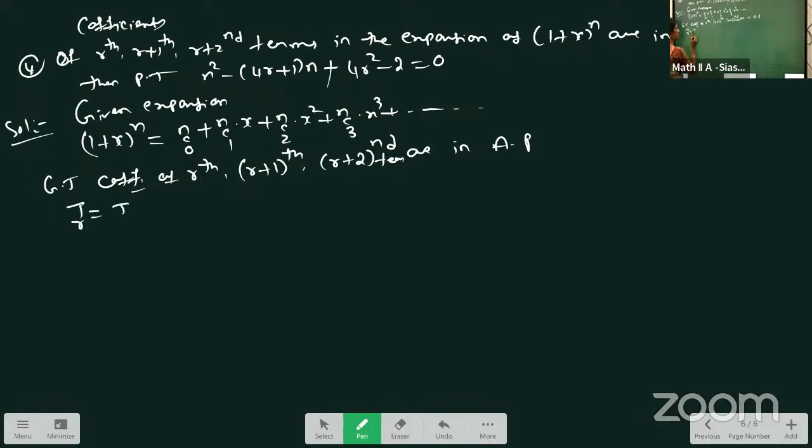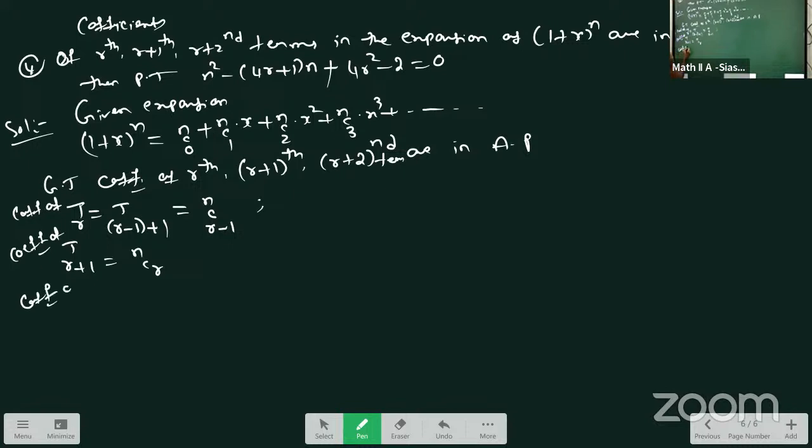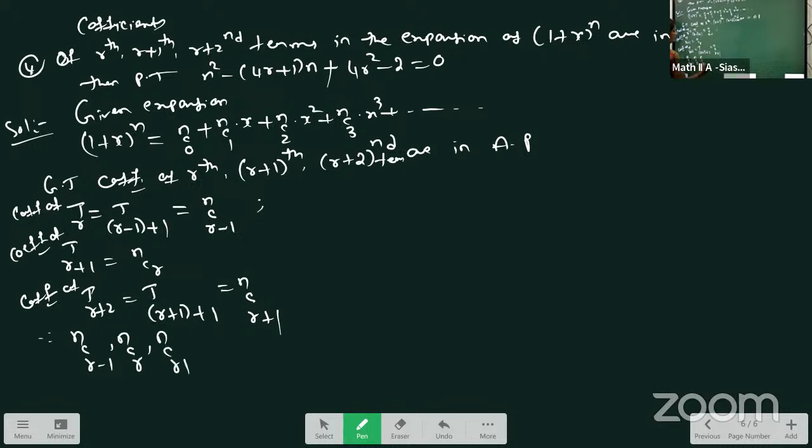Tr can be written as T(r-1)+1. Now, what is the coefficient here? nC(r-1). Similarly, T(r+1) coefficient is nCr. Next, we want the coefficient of T(r+2). This can be written as T(r+1)+1, so it becomes nC(r+1). Now keeping these three, nC(r-1), nCr, nC(r+1) are in AP, arithmetic progression.